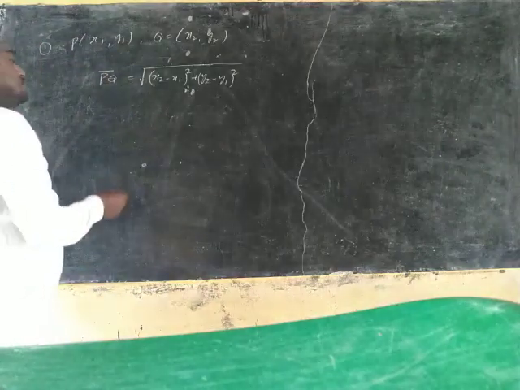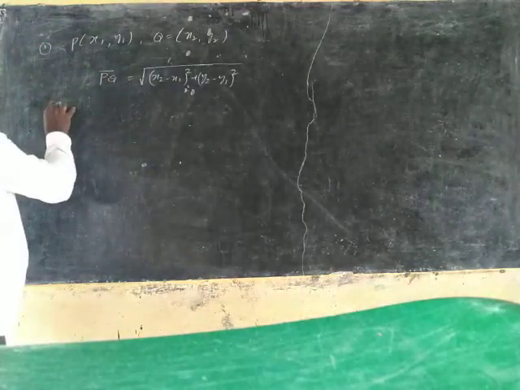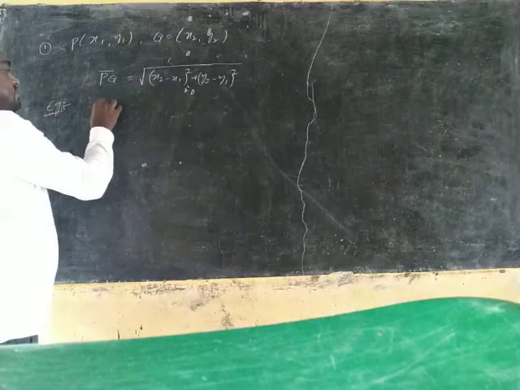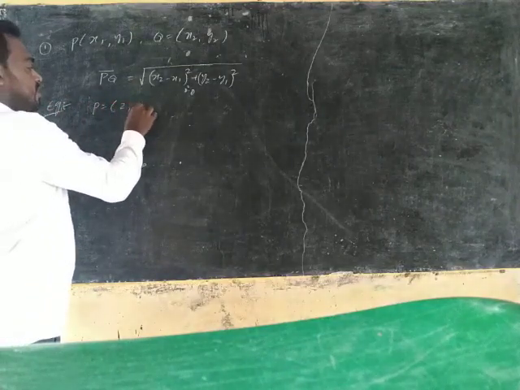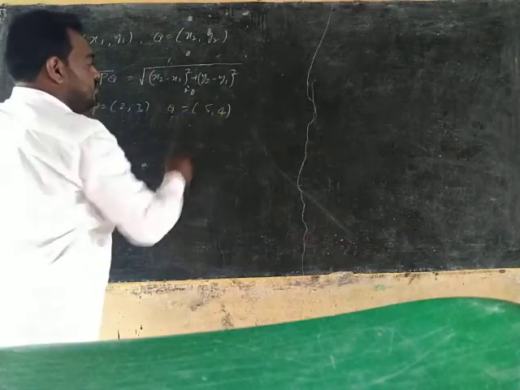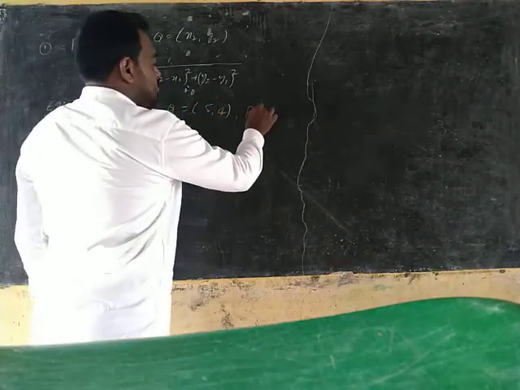Next, you see one example on this formula. P is equal to (2, 3), Q is equal to (5, 4). What is the distance between the points?